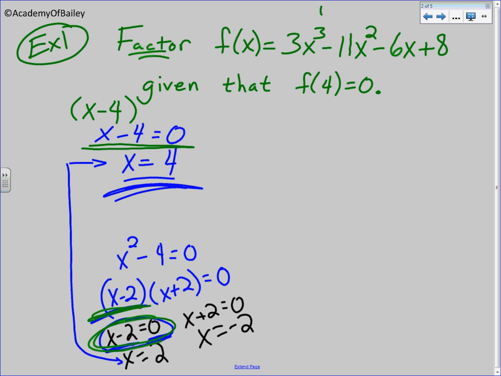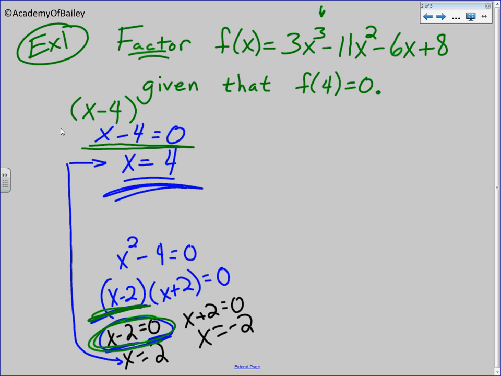At this point, the highest exponent is 3, so we should have 3 factors. It doesn't always work out that way, but ideally we should probably be looking for 3. If we don't get 3, it's not incorrect. It's just sometimes things end up a little different. But back to what we have.